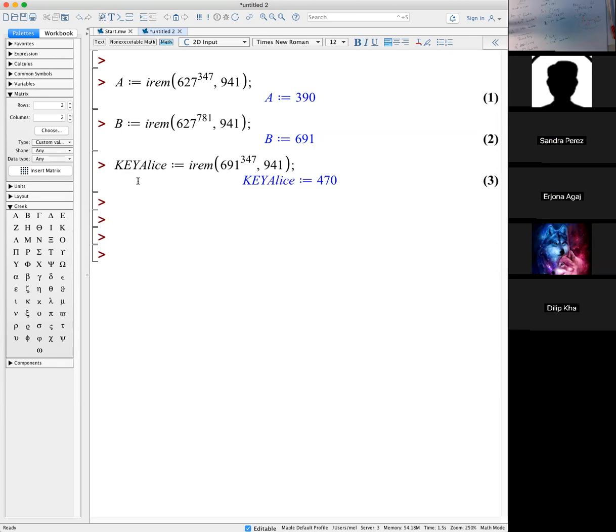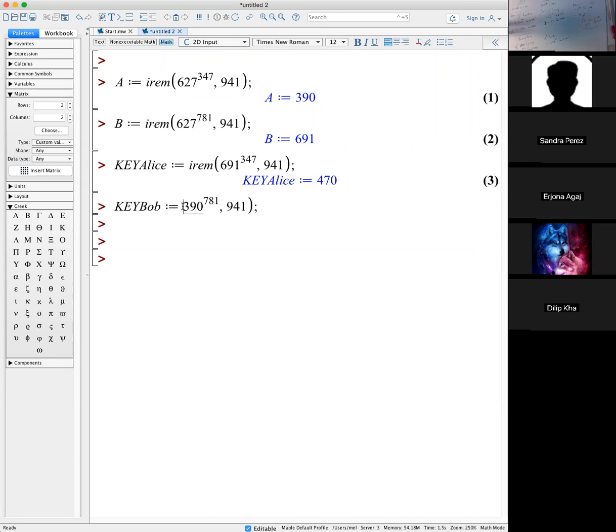What is the key that Bob computes? He got the number capital A from Alice, which was 390. His secret number was 781. And he wants the integer remainder when you divide that by 941.